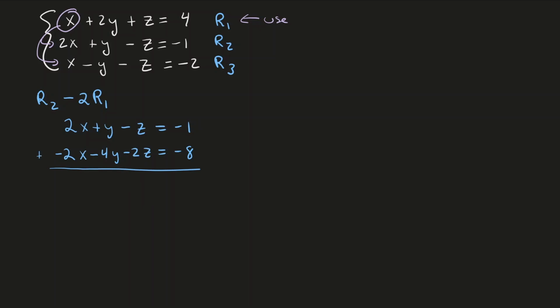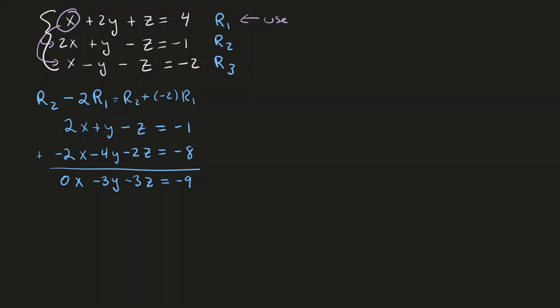And then I add them, because you can view this as R2 plus -2 times R1. Honestly, that's how I think about it, in order to keep track of the negative signs. So when we add, the feature is we get a 0x there. We get a minus 3y there. We get a minus 3z is equal to -1 minus 8, which is -9.